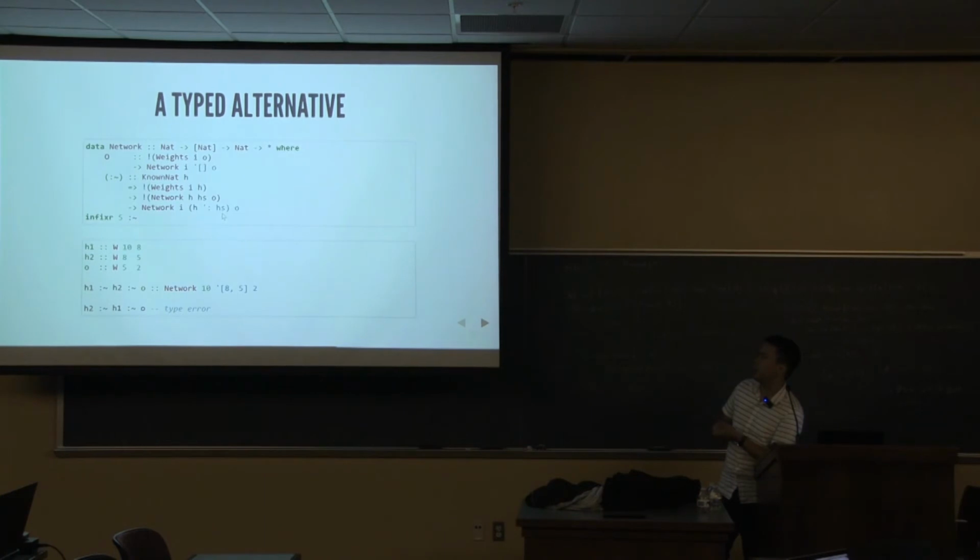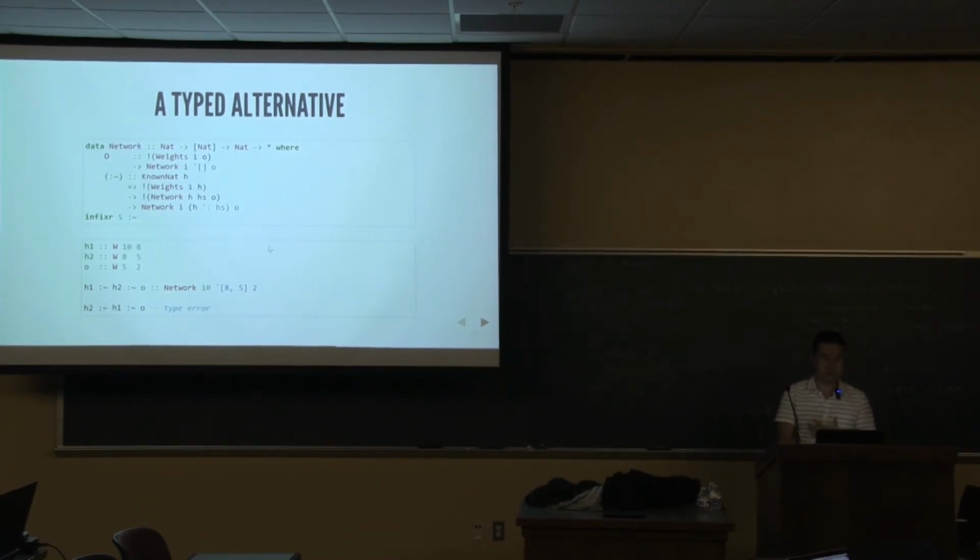Yeah. So the reason why we constrain H, it's actually not necessary, but just for simplicity, we'll see later, is because when you have a generic Network I hs O, you can specify I and O at the call site, but you can't specify H individually. It's hard to specify H individually. So we'll see later how this is useful. But KnownNat is what HMatrix uses to do its math. So it's needed to constrain H to be a known Nat number that HMatrix can use.